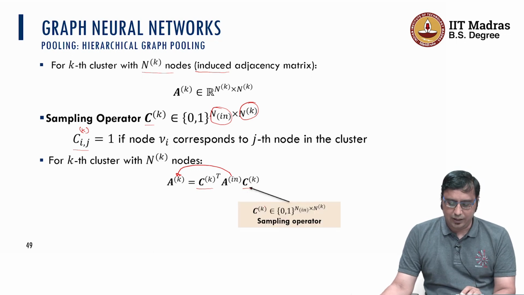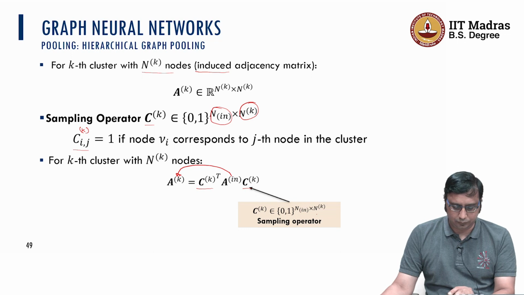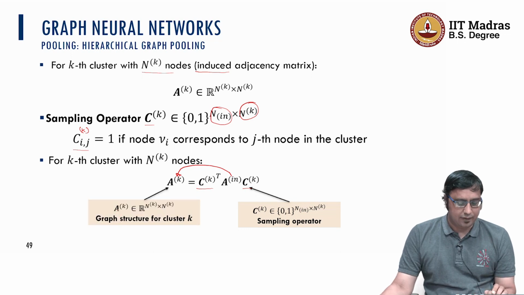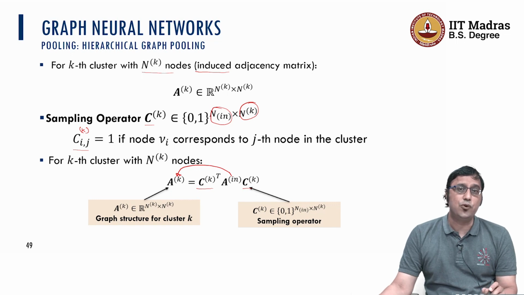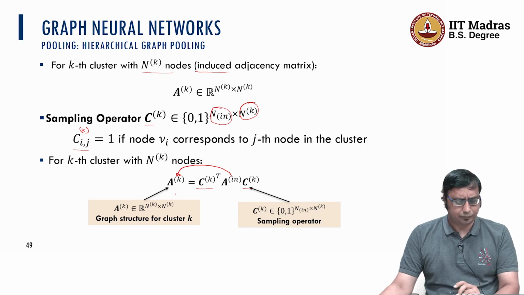As I told you, C_k is a sampling operator and A_k is the graph structure for the cluster k. Why we would like to have this graph structure, we'll understand when we define features for a super node using the features of the nodes in the kth cluster.